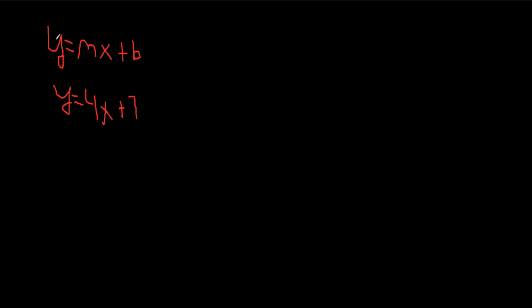And it varies partially, not directly, unlike in a direct variation, because we always have to add this b. We can't say m equals y divided by x. It's now m equals y divided by x plus b. That's why it varies partially.